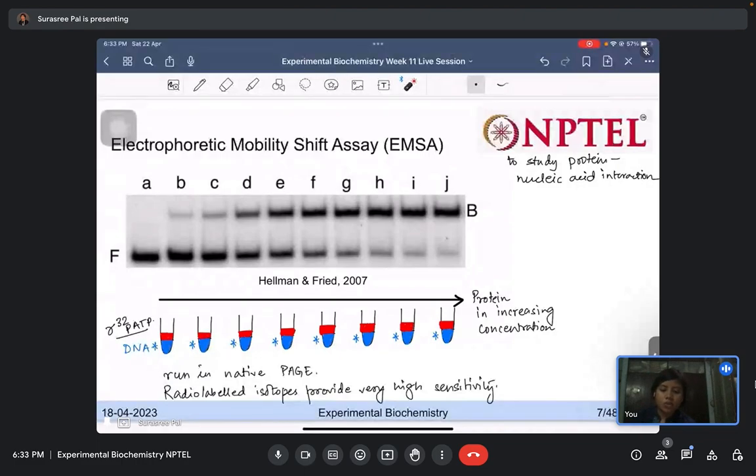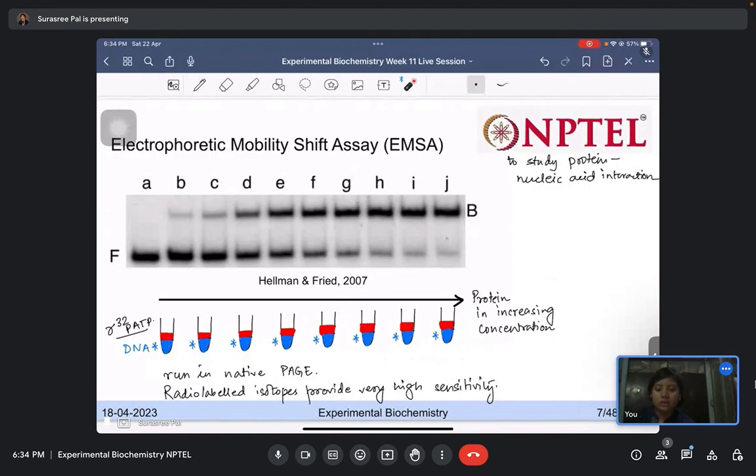Now, in these tubes, we have the same amount and the same concentration of this labeled DNA. And in these tubes, we sequentially add protein in increasing concentration. So here we keep the volume of the sample constant, but we keep on increasing the protein concentration, right?